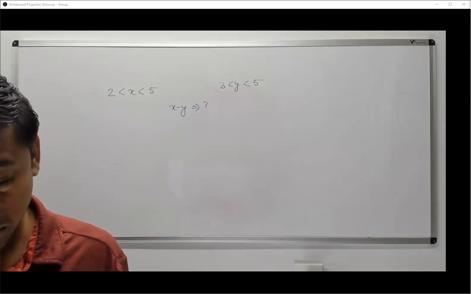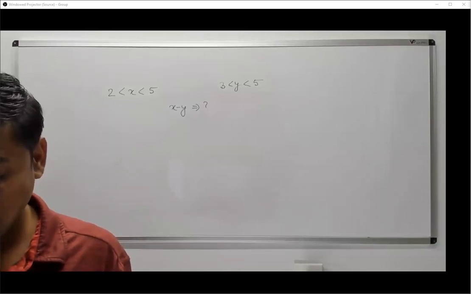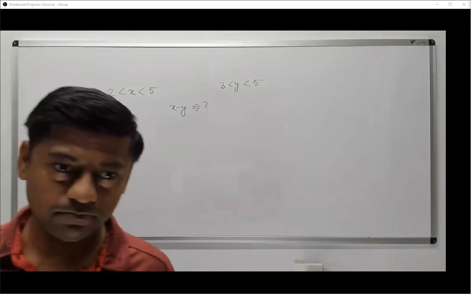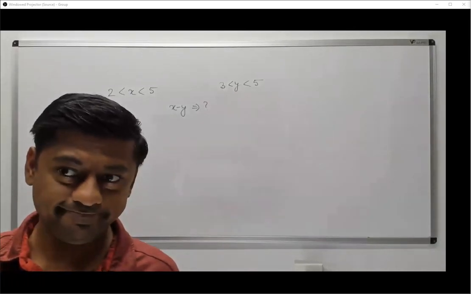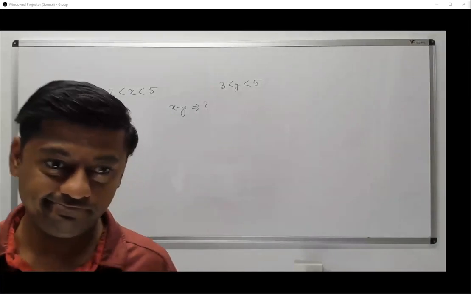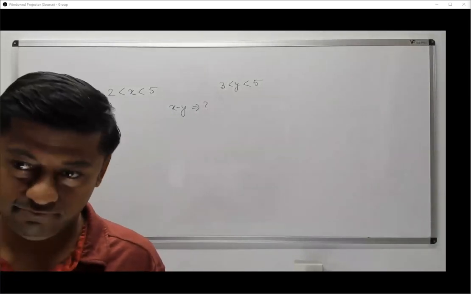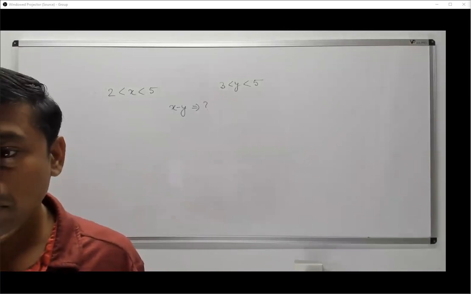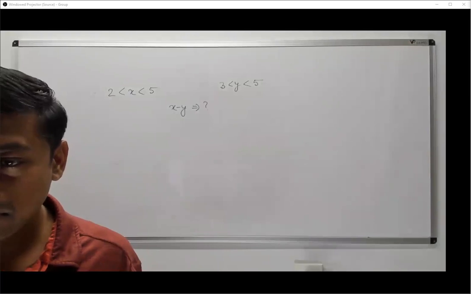I remember that we did something similar to this when we were learning the subtraction rules for inequalities. You'd have to flip the sign for the 3 is less than y is less than 5. Thank you.